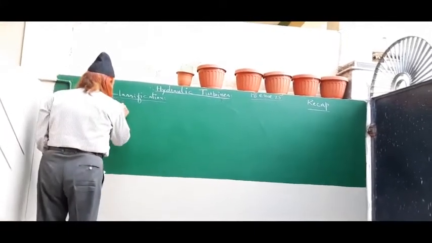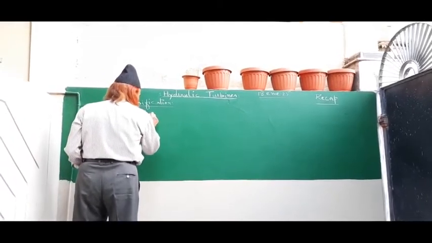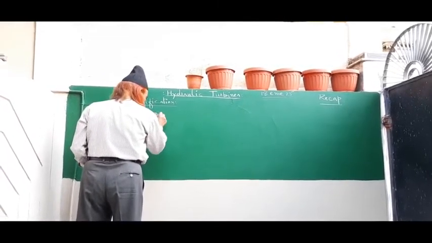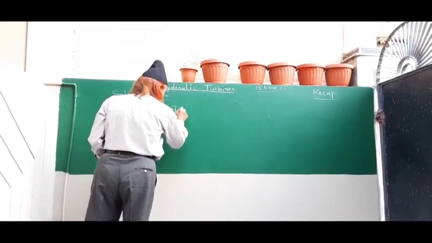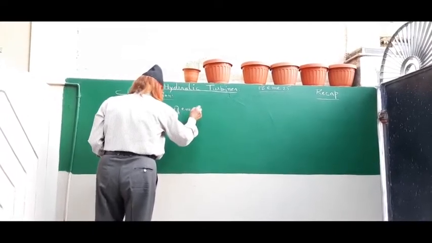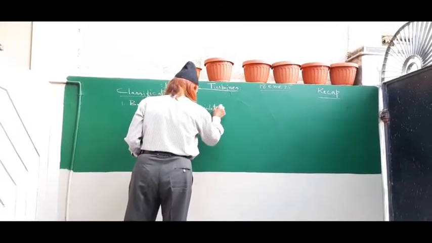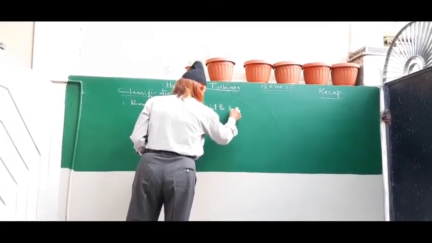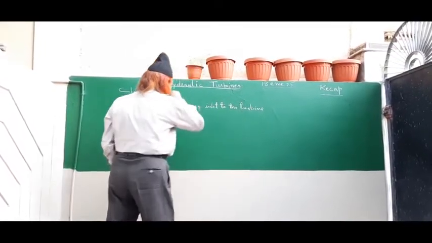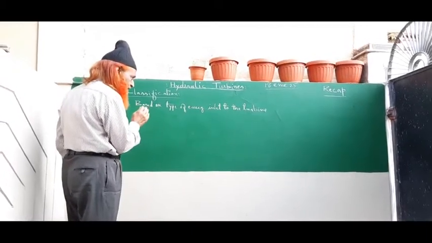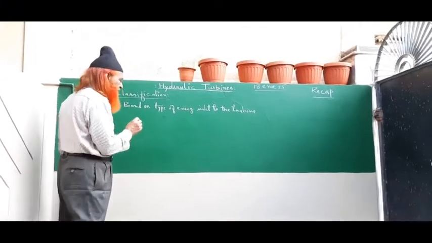That is, based on the type of energy inlet to the turbine. This is the first criterion on which basis we are classifying, and that classification will be of two types.